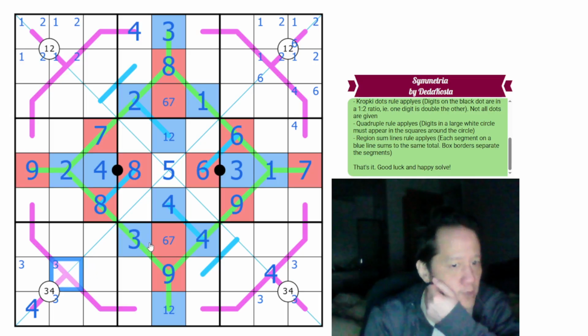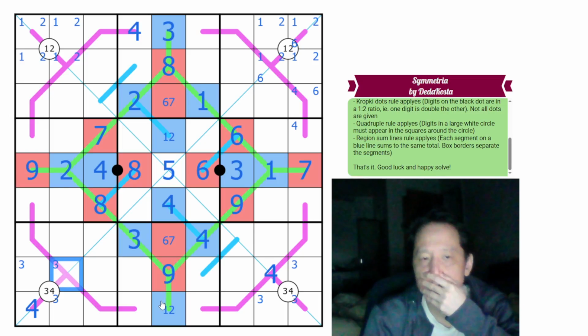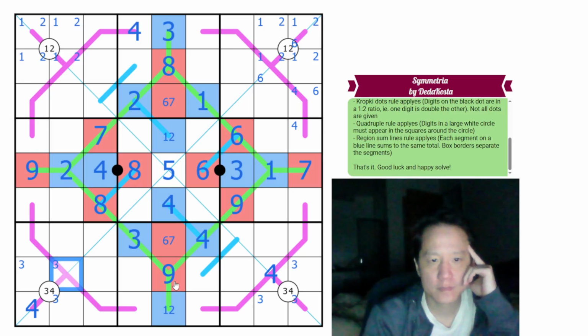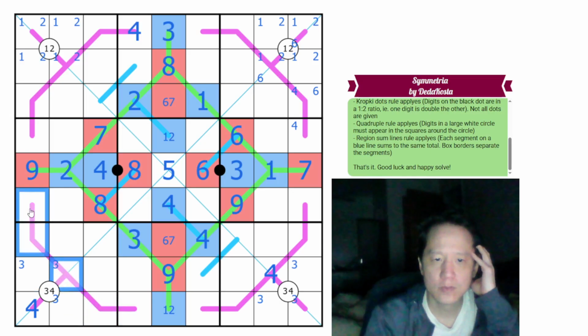Okay, what else do we know? We don't know about 3s. We know there's a 5 and a 6 on the Renban also. But 5 cannot be here and cannot be here.